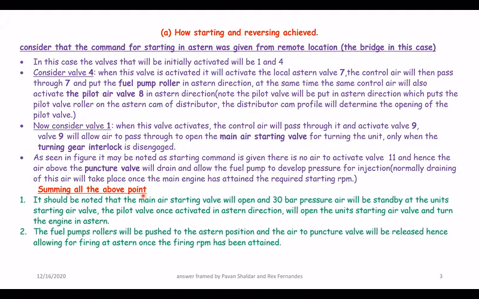Summing all the above points, it should be noted that the main starting air valve will open and 30 bar pressure will be standby at the unit starting air valve. The pilot valve, once activated in astern direction, will open the unit starting air valve and turn the engine in astern. The fuel pump rollers will be pushed to the astern position, and the air to the puncture valve will be released, hence allowing for firing at astern once the firing RPM has been attained.